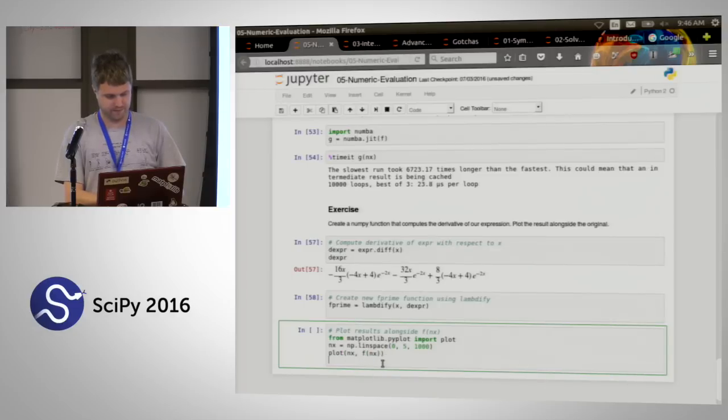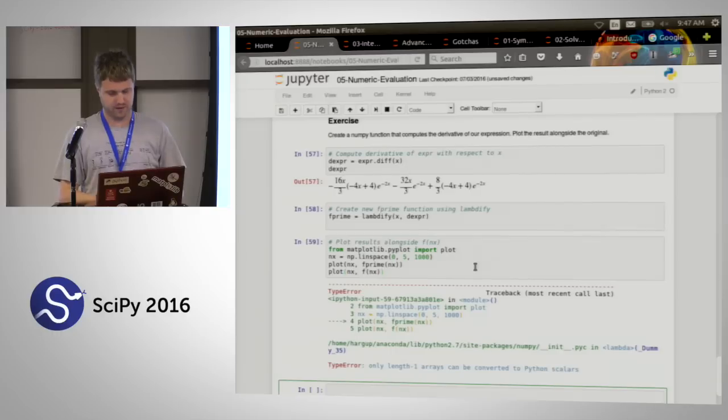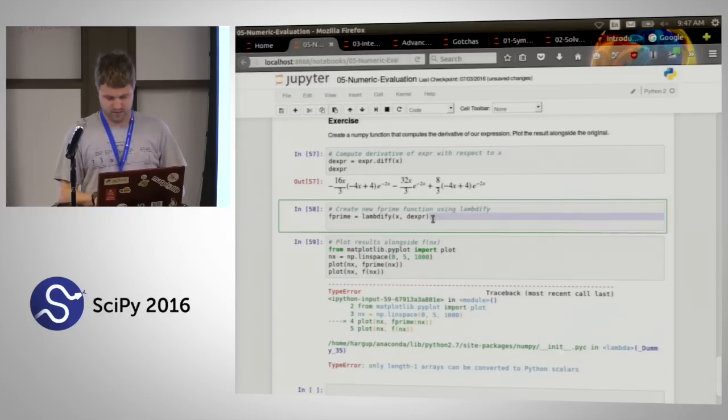I actually don't know how to plot these alongside. How do I plot two functions alongside each other with matplotlib? It's plotted in the same cell. Oh, so I just do. Yeah. And I forgot to do this again.